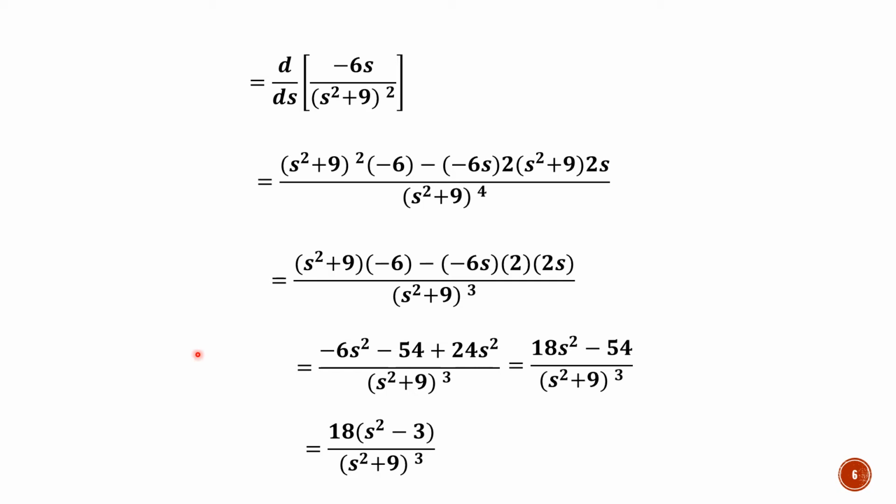So we have got L of t square sine 3t as 18 into s square minus 3 upon s square plus 9 the whole cube. What we have done is, first we calculated L of sine 3t, and whatever answer we got, we differentiated it 2 times to get this answer. So L of t square sine 3t is equal to 18 into s square minus 3 upon s square plus 9 the whole cube.